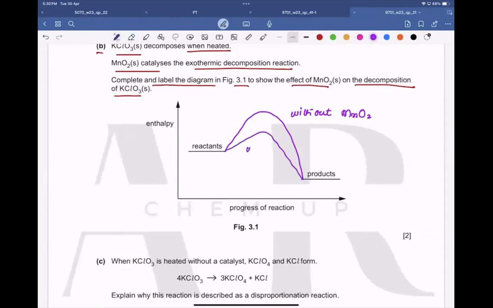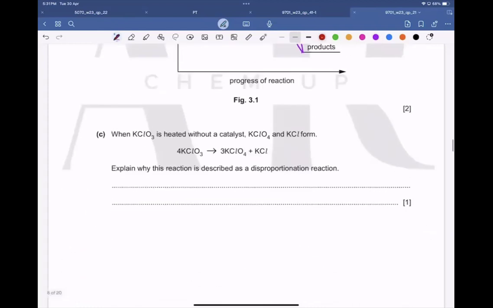And here I will mention that it's with MnO2 or with catalyst. Is this clear? Yes, any questions?